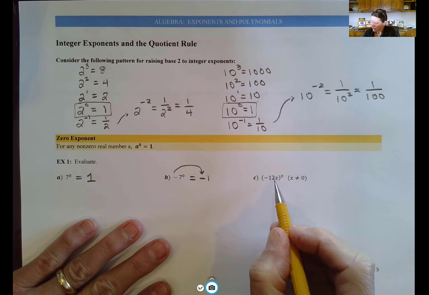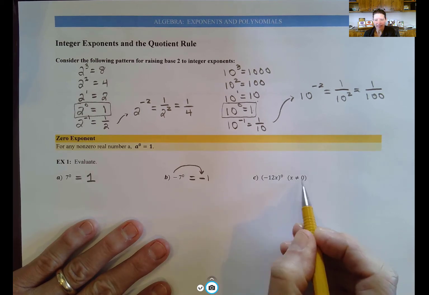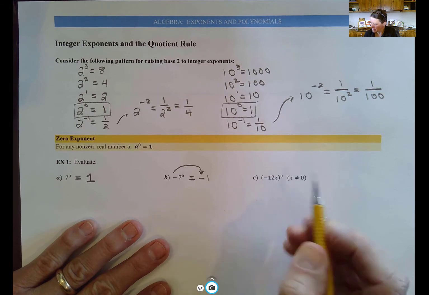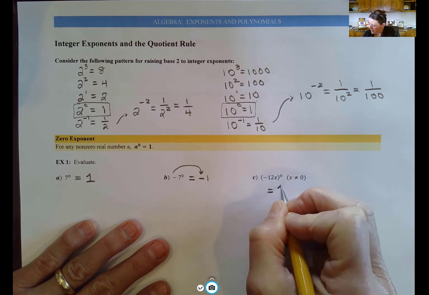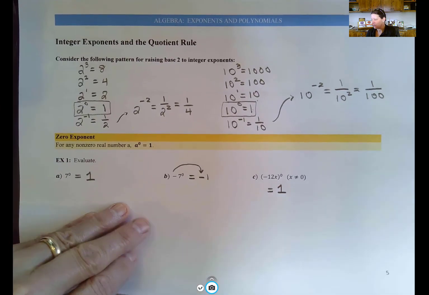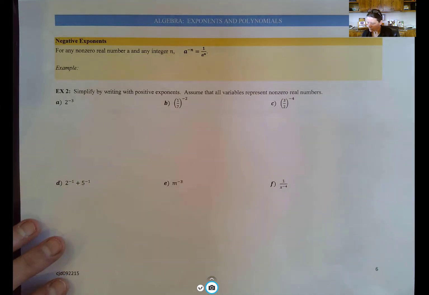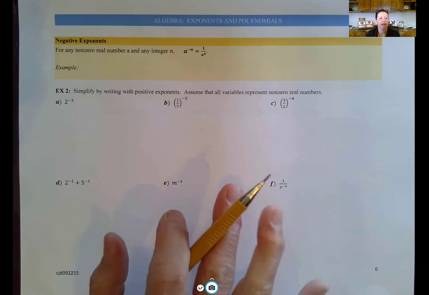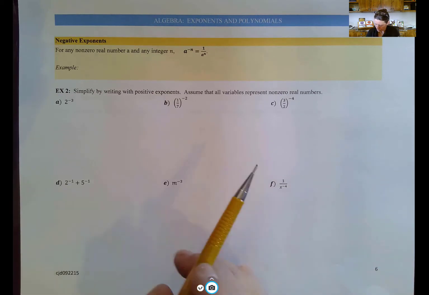And in part C, we've got an expression here, x isn't equal to 0, so we know we've got a non-zero base raised to the 0 power, and that is equal to 1. So any non-zero raised to the 0 is 1. The next rule we're going to take a look at is the negative exponent rule.